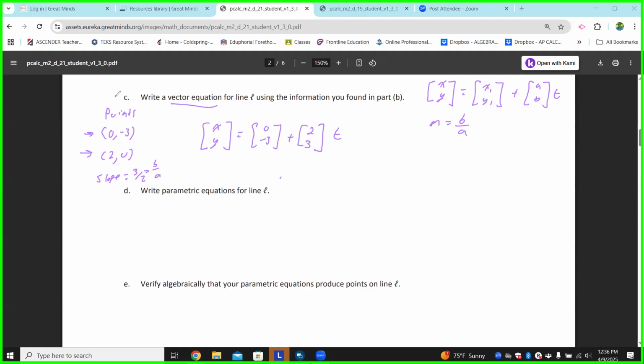And so what this does for me is in respect to time, you just made two equations. X equals 0 plus 2t, and y equals -3 plus 3t.